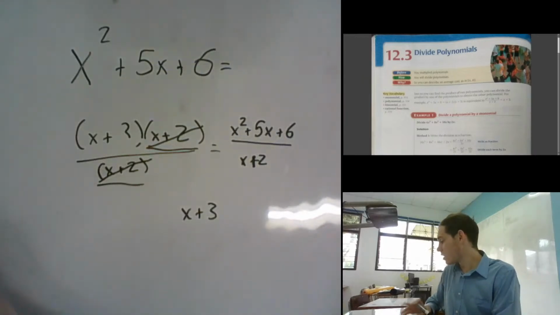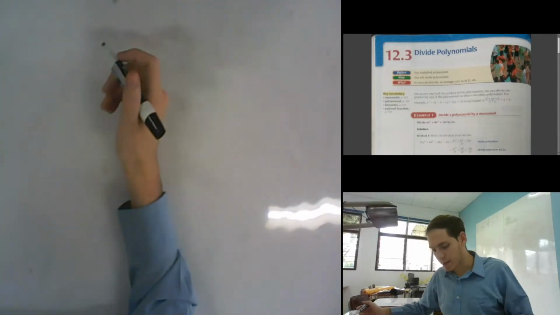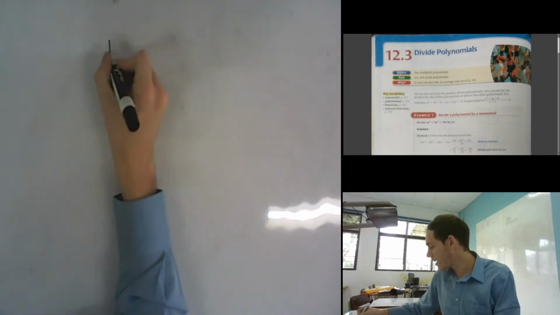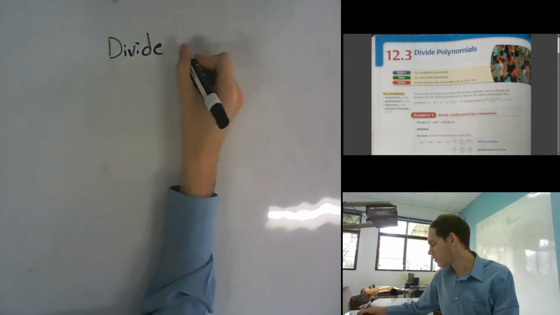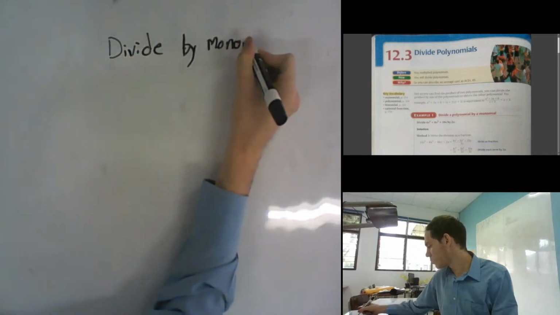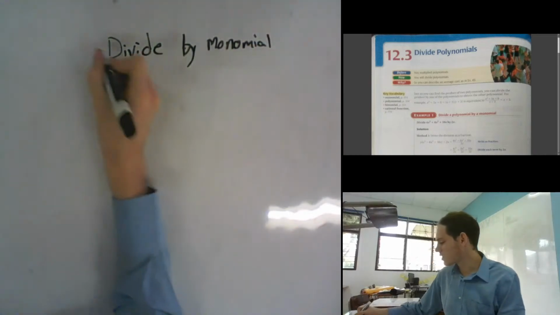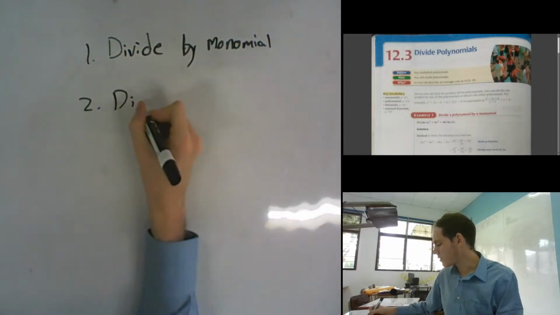Okay? So, what we're going to learn today, 3 major things. We're going to divide by a monomial. And the 2nd thing, we're going to divide by a binomial.